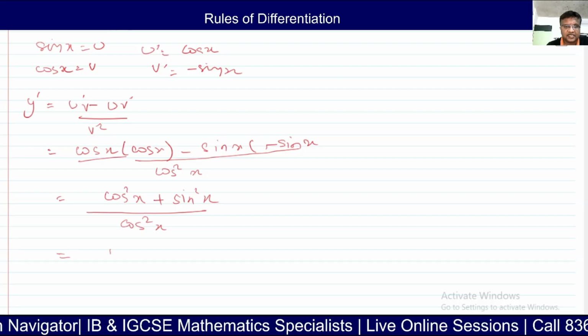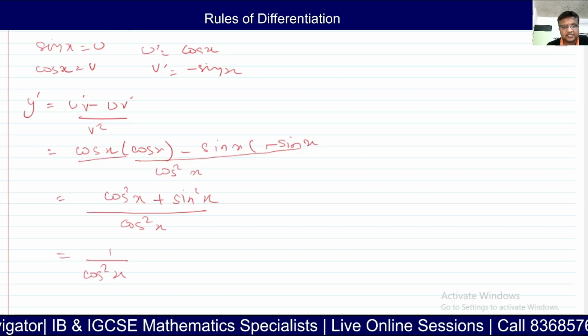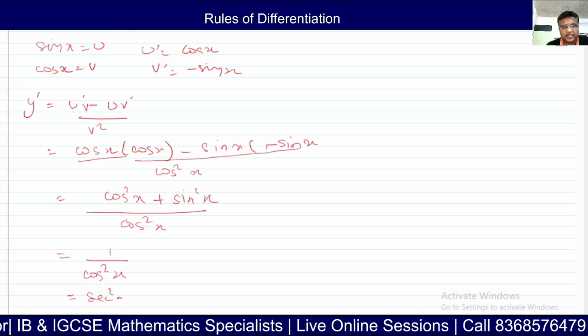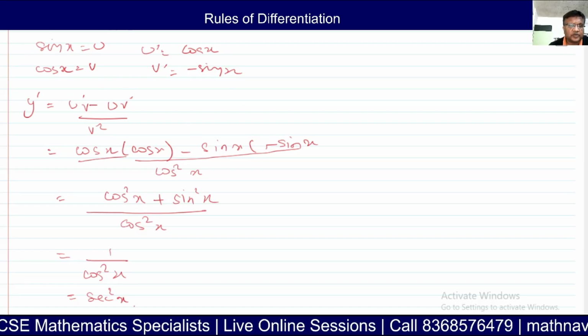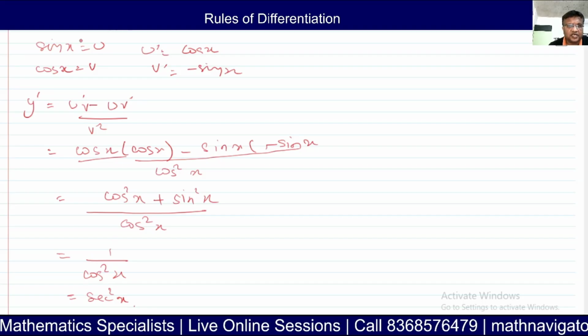Using the identity, it is 1 over cos squared x, which is sec squared x. So the differentiation of tan x is sec squared x. Got it?